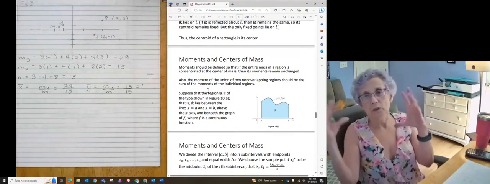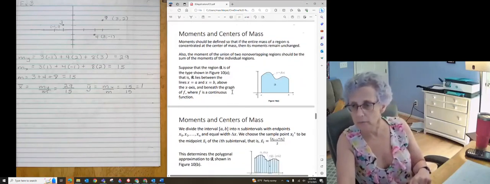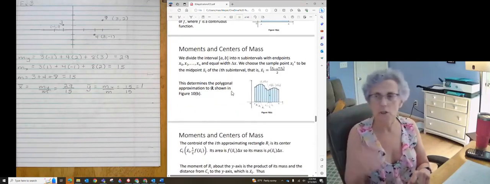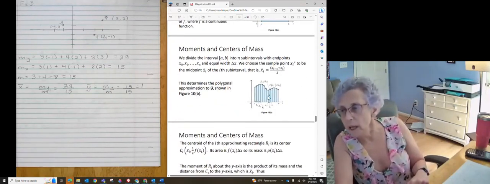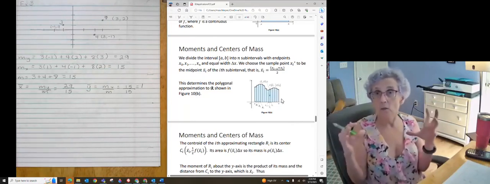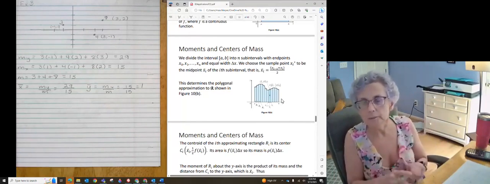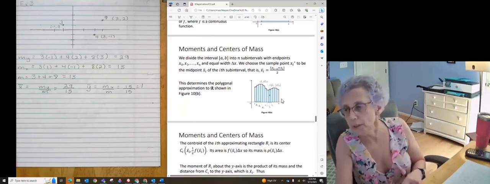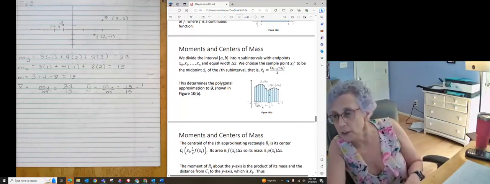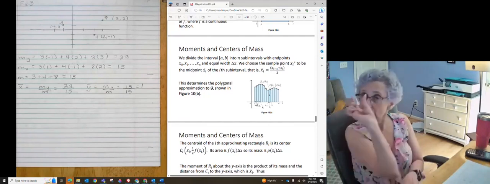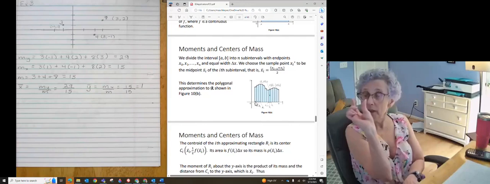So we take our region, we divide it up into strips. There's our strips. And we look at the center there. So each center has an x coordinate and a y coordinate. The x coordinate of your center is always going to live halfway between the two endpoints.